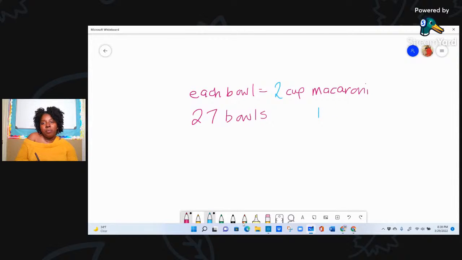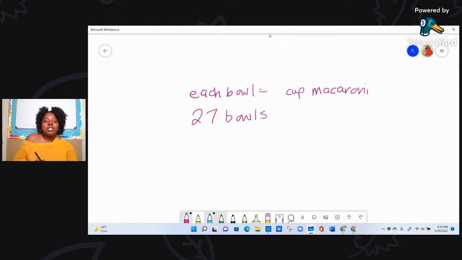If I have one bowl, that's 2 cups of macaroni. 2 bowls is 4 cups. 10 bowls is 20 cups. What am I doing each time? I'm multiplying my bowls by 2 because it's 2 cups of macaroni per bowl. So I'm doing times 2. Well, I don't have 2. It's not as pretty as 2, but we're still going to do the same thing.